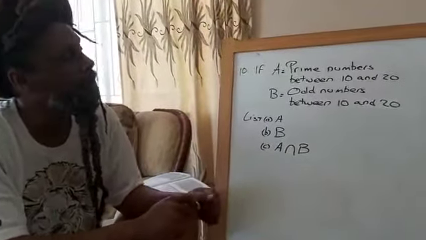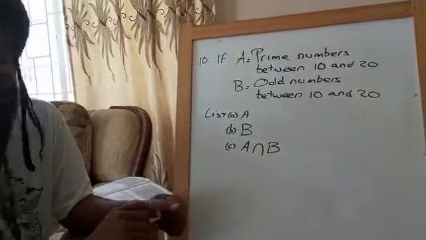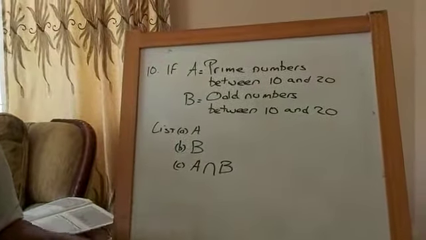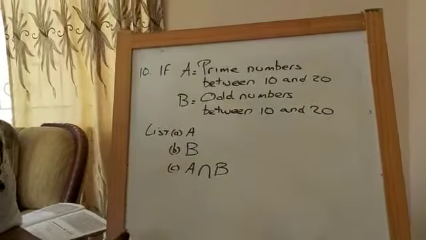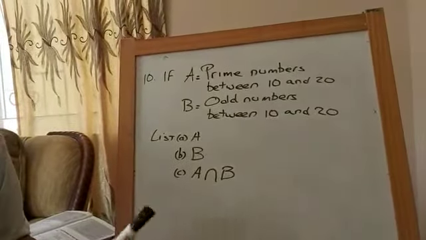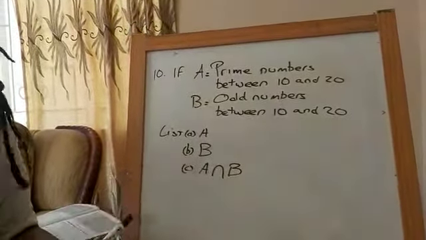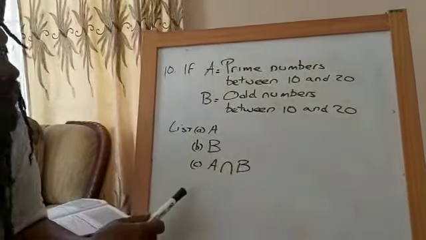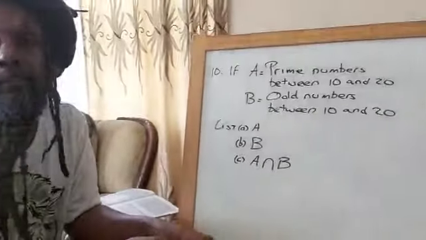If A is equal to the prime numbers between 10 and 20, B is odd numbers between 10 and 20, list for me: A, B, C, A intersect B.